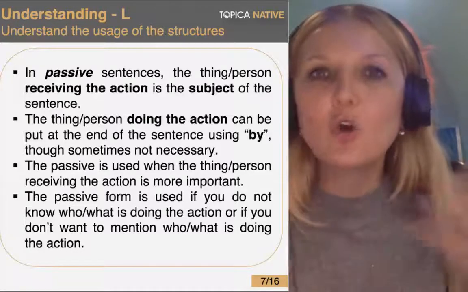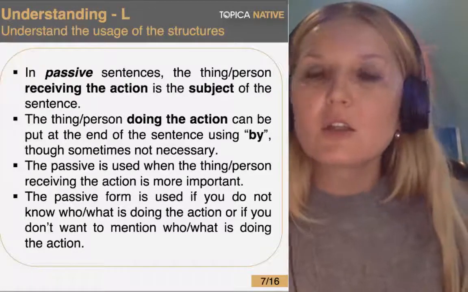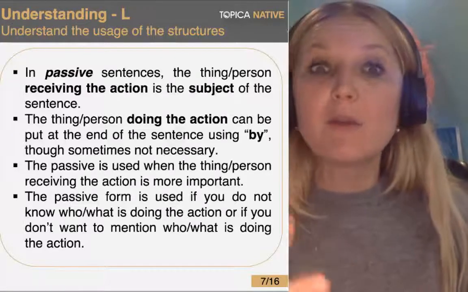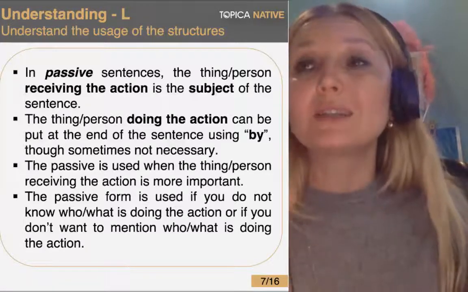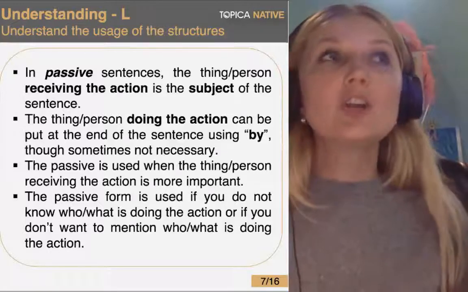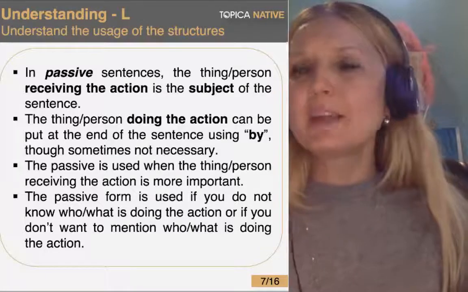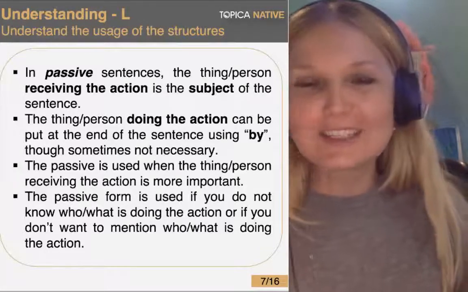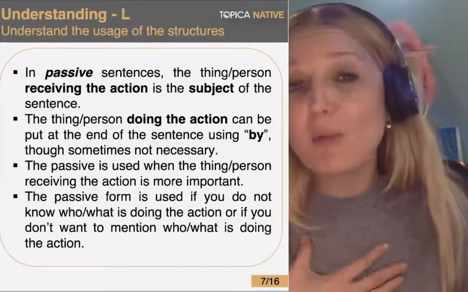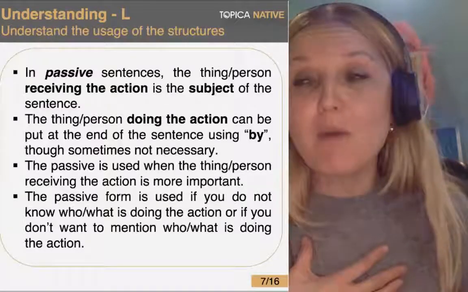I don't care who did it. It's fixed. It's passive voice. I don't know who did it, but it's fixed. Or the dinner is cooked. My children don't care who cooked it. It's ready. Probably by me, by mom, but it doesn't matter. So you can put it or you cannot.